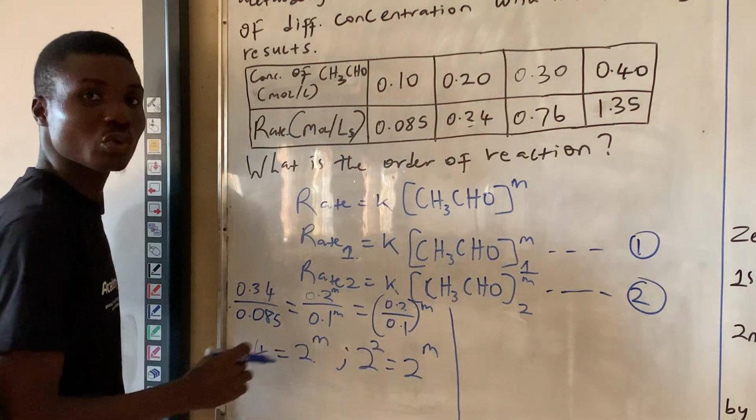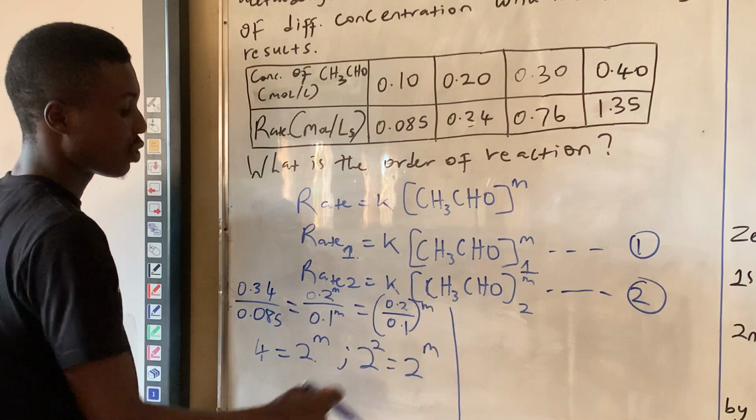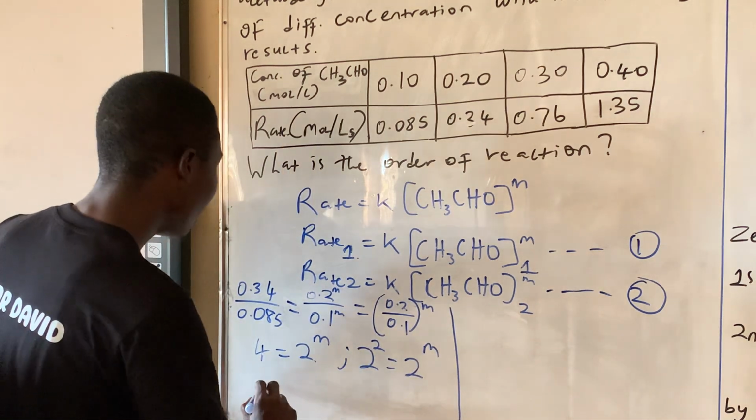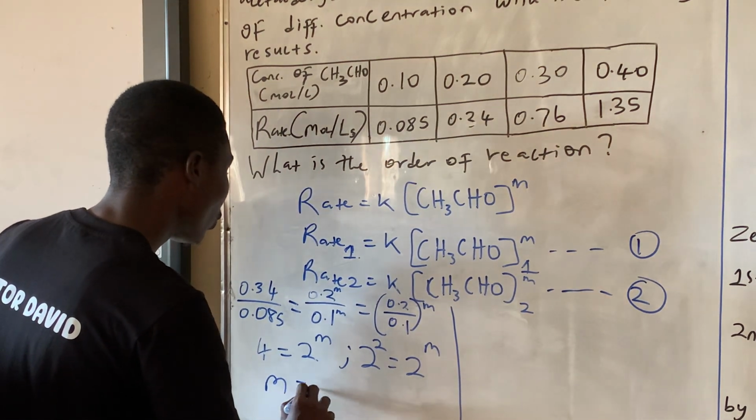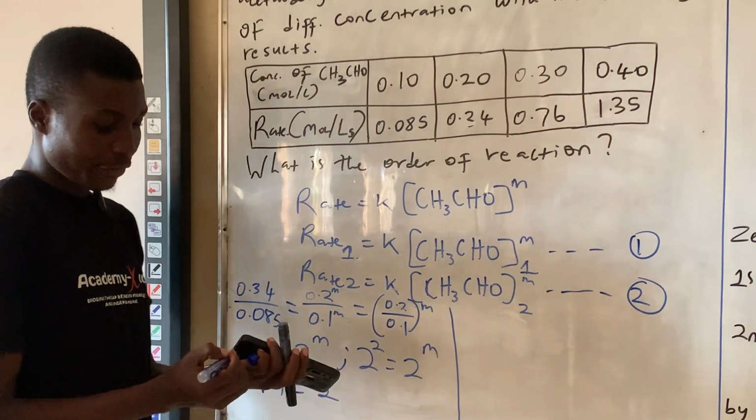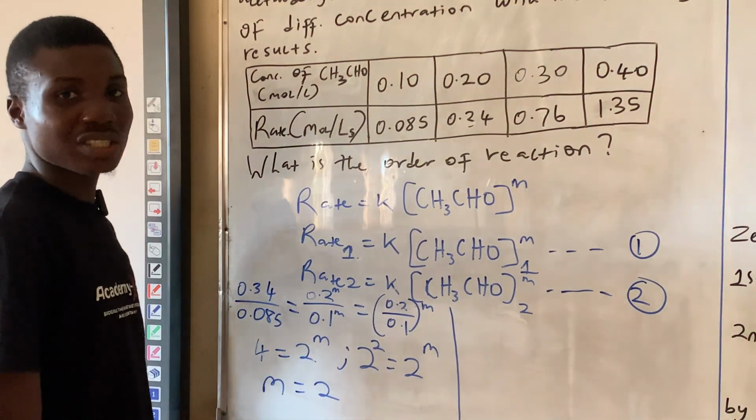The implication is that m is equal to 2. So if m is equal to 2, what does that tell you?